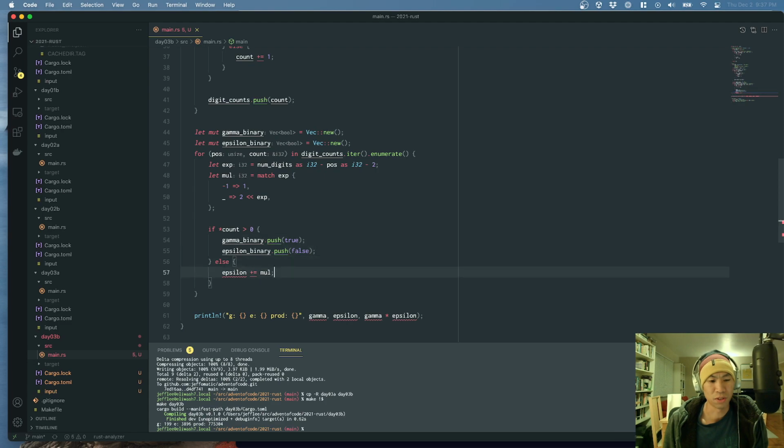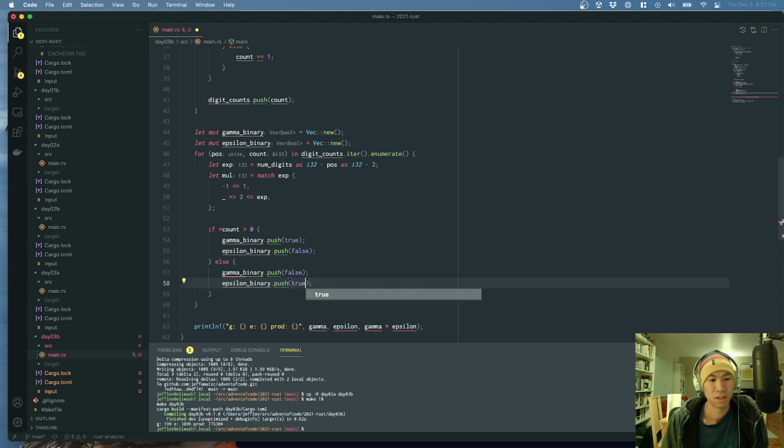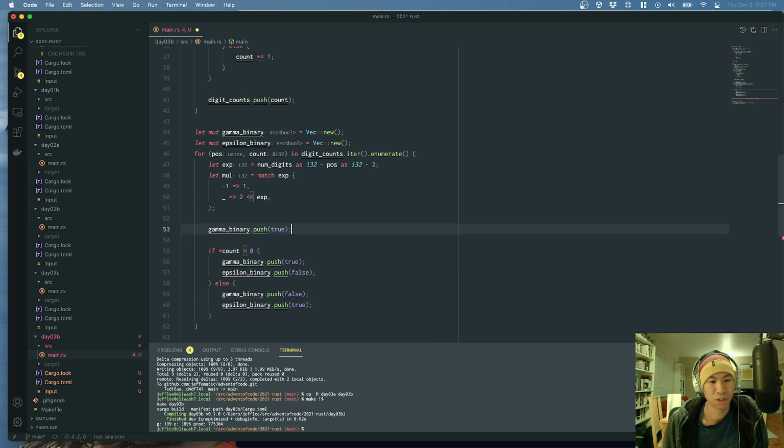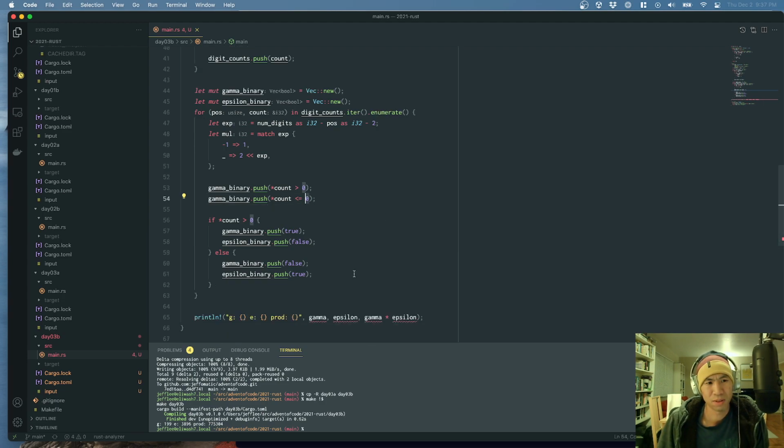And then we'll reverse it here. In fact, it almost seems like we could push count is greater than 0 here, and count, what's the reverse of that? Count is less than or equal to 0, less than 0 here. Technically, if it is 0, we don't actually know the answer, but hopefully this is fine.